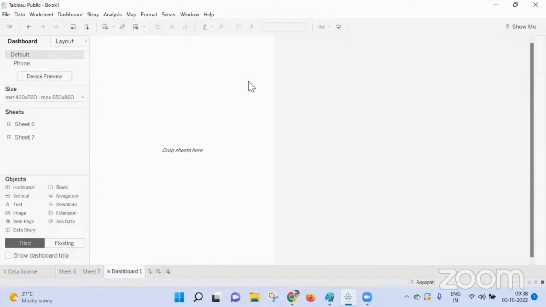As far as I have seen, the main thing is parameters are static. By static, I mean parameter values are fixed and they are loaded only when you load your workbook.